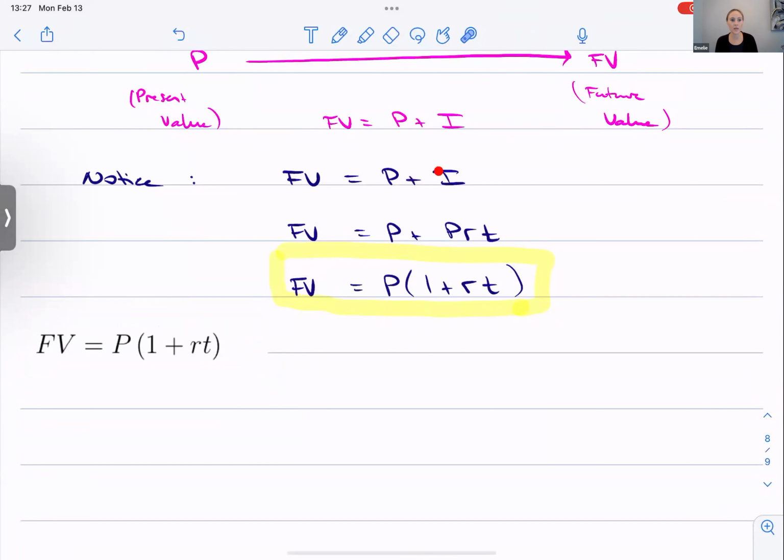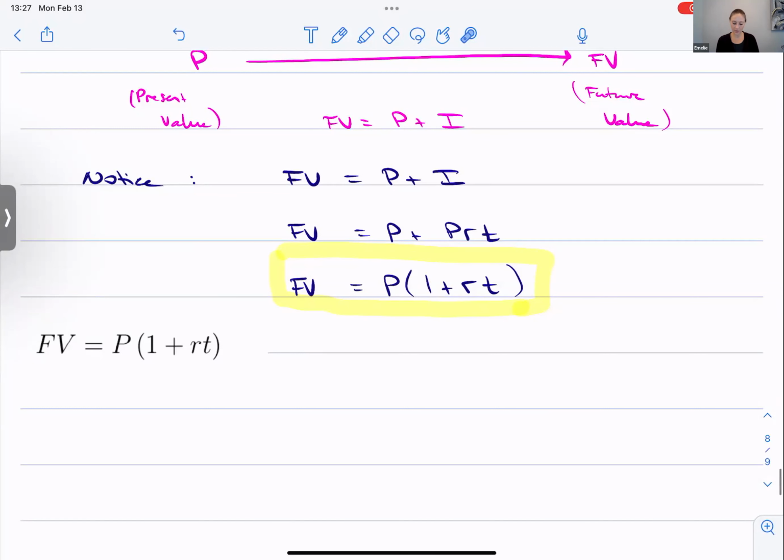So this is where it came from, but what's on your formula sheet is this version, because it's just P plus I, which is PRT. So you can use the I formula if you want, but it's going to be a lot more work eventually.